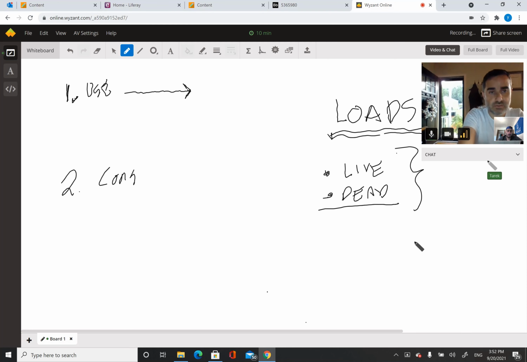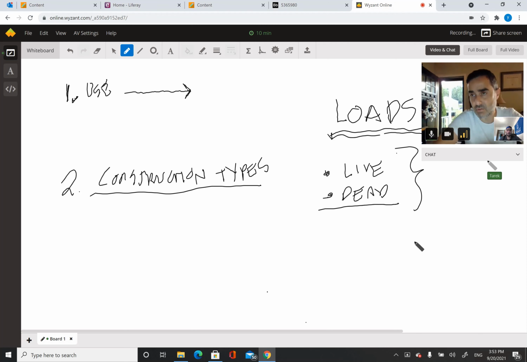The other one is something called construction type, which I'm not going to get into too much because I don't know if you've taken stuff like that before. Construction type is very important. A lot of times the building code will not let you design a building that's tall or large, with a big footprint, without going to a more robust structural system.